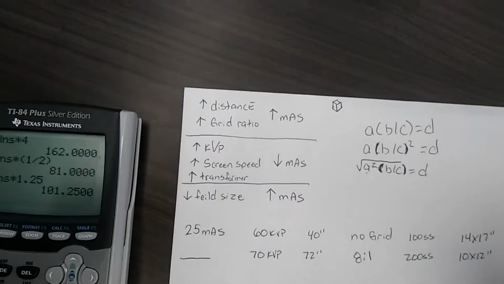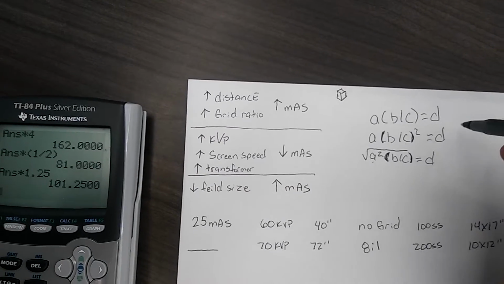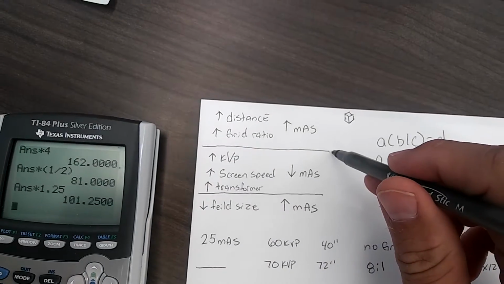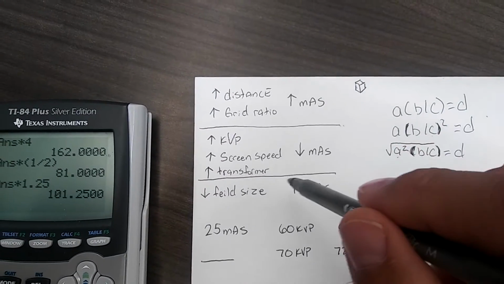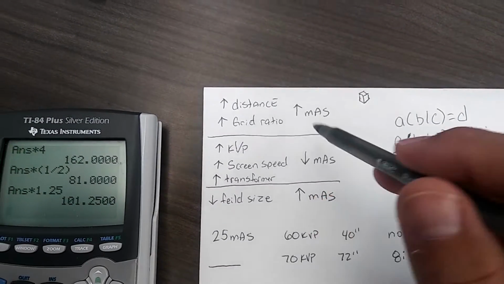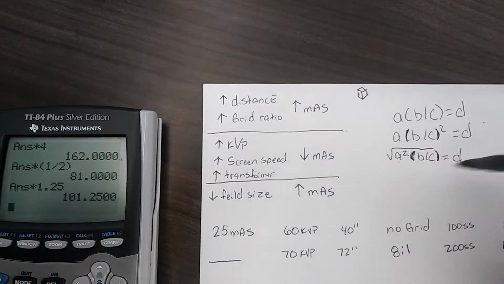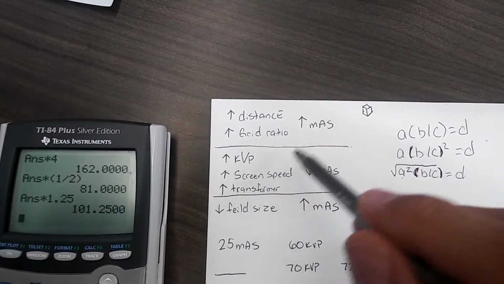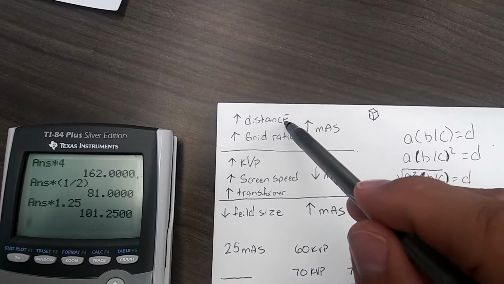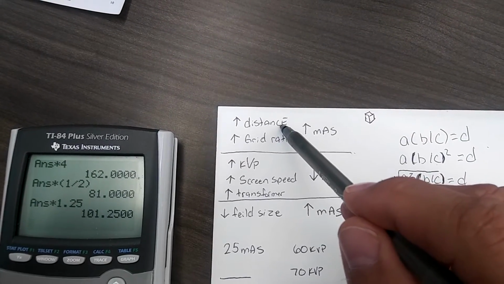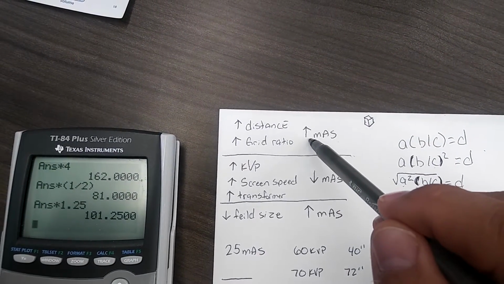The most important thing to know when using these formulas is this: you have to know what needs to happen. I think this is the most important thing to know if you use any formula. Any formula in our class, you should know what the outcome should be. If you increase your distance, you have to increase your mass.